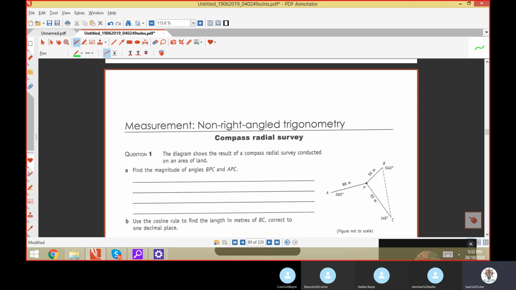If the angle's in here, then you go south, blah, east. If the angle's in here, you go south, blah, west. And lastly, if the angle's in here, you go north, blah, west. Okay, I'm gonna wrap it up now, alright?